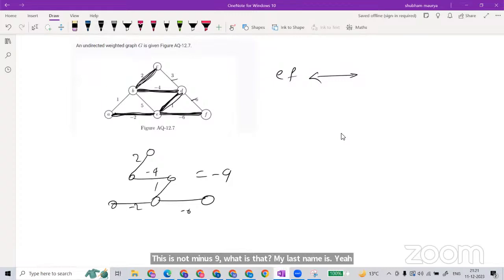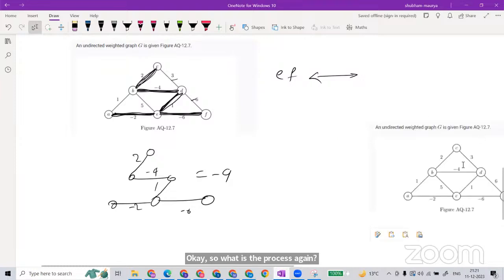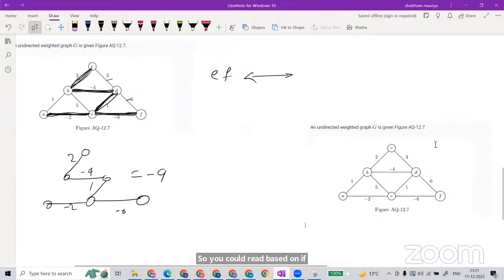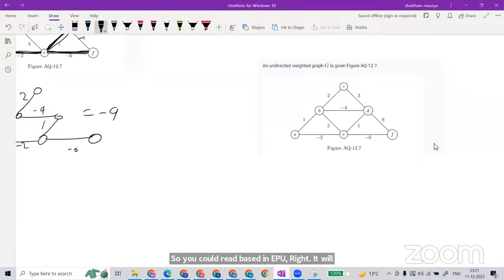Okay. So what is the process again? It would be best if you write all the edges and those values, it will be good to understand. So I will choose this. The process is, we have to choose edges with the weight in ascending order.